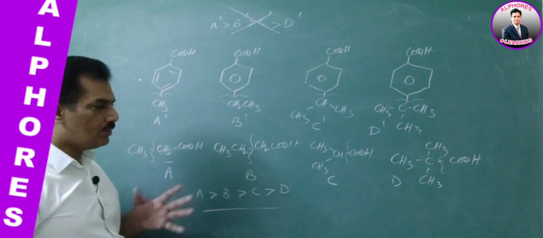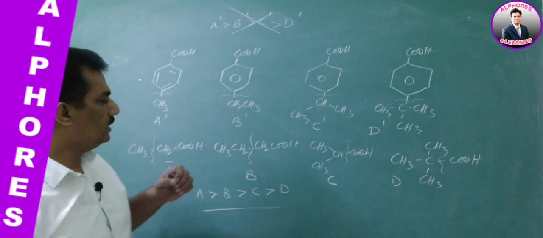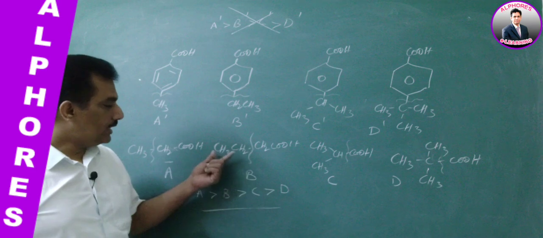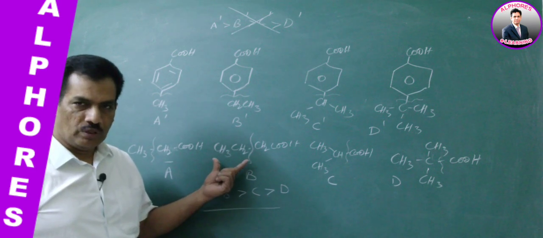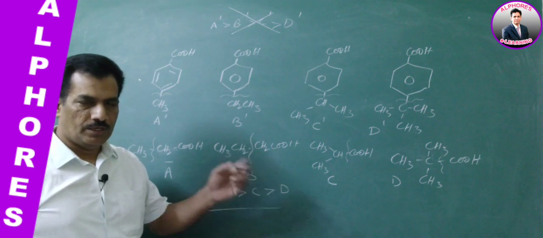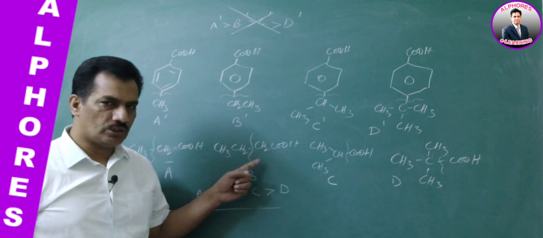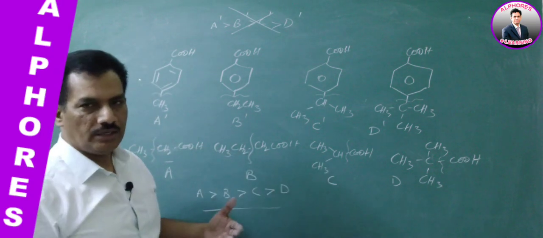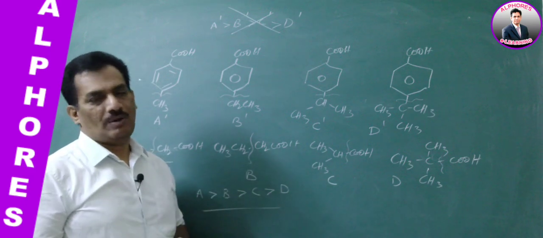Because already in the previous session also we discussed, just remember, in aliphatic chains, inductive effect operates through sigma bond. So inductive effect is directly related to electron donating power.